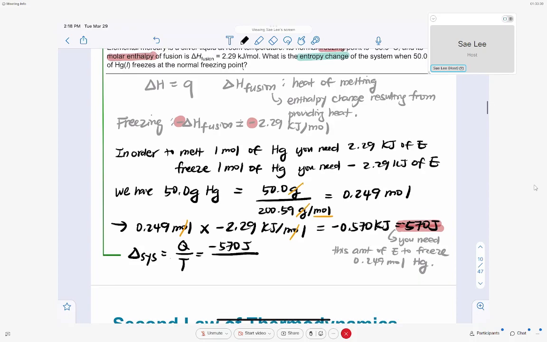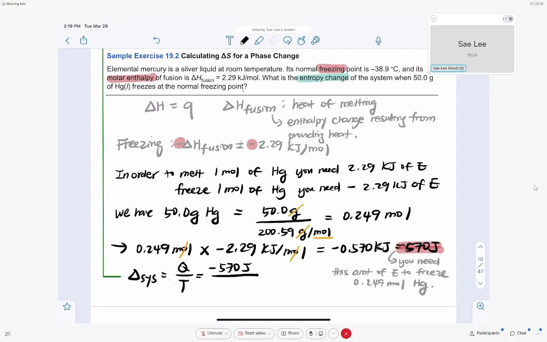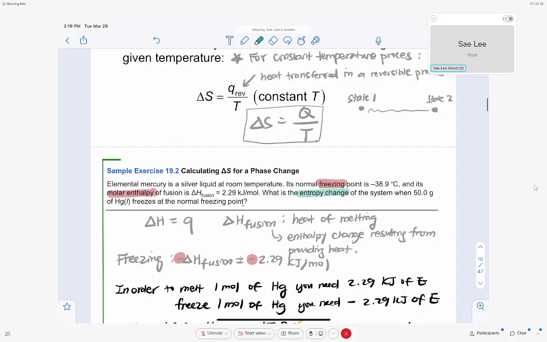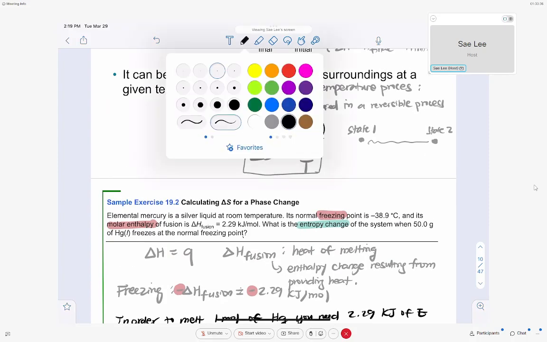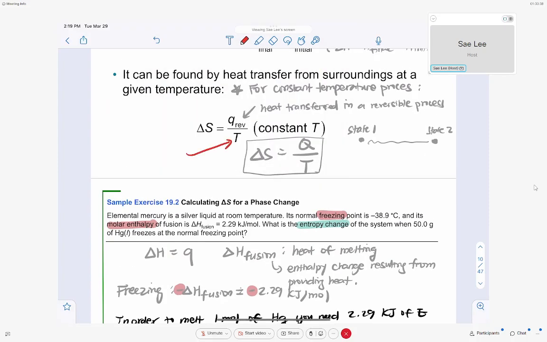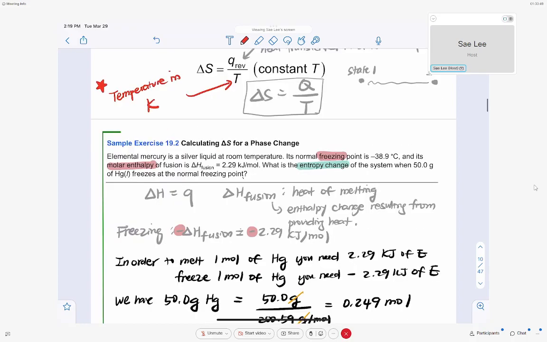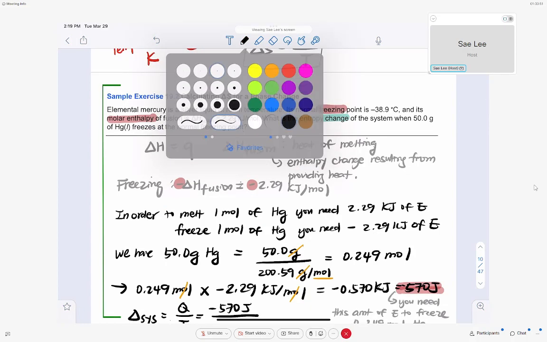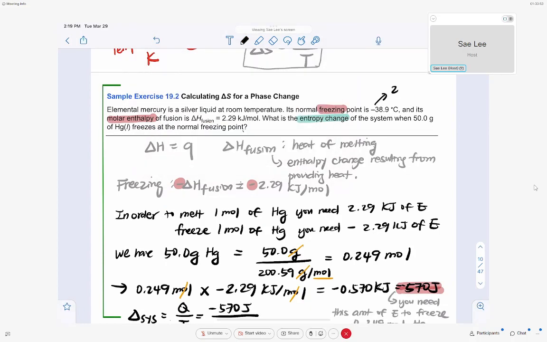Temperature is in Celsius. We need to convert this into Kelvin, because the temperature has to be in Kelvin. This is very, very important. If we convert this into Kelvin, we get 234.3 Kelvin.